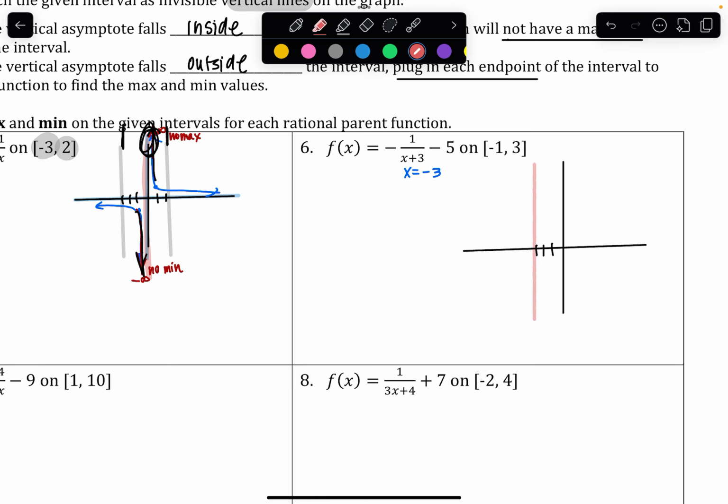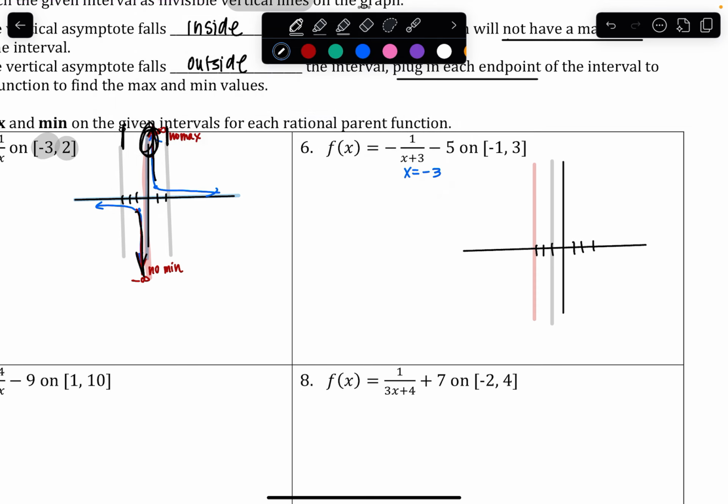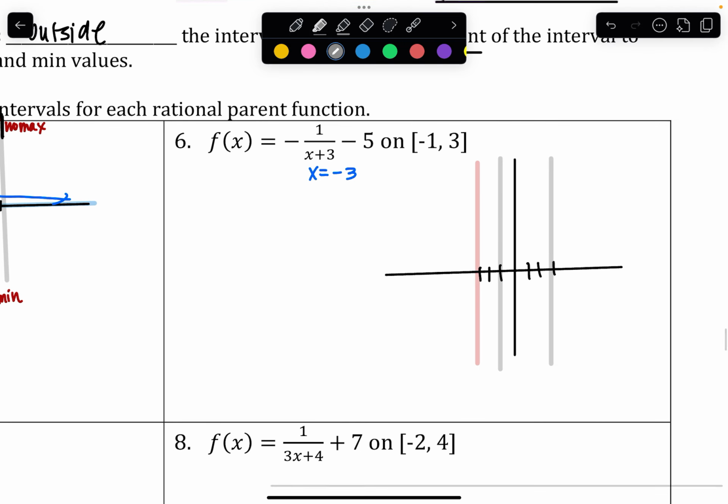And then my interval is -1 to +3. And so here it falls outside. So if I were to sketch the rest of the graph, it has a horizontal asymptote at -5.